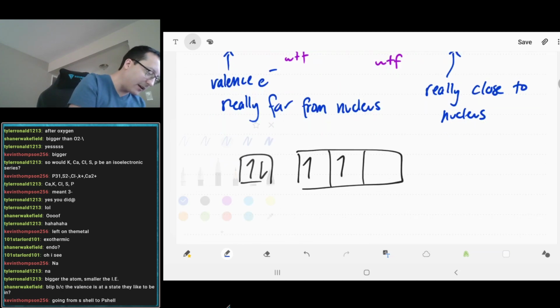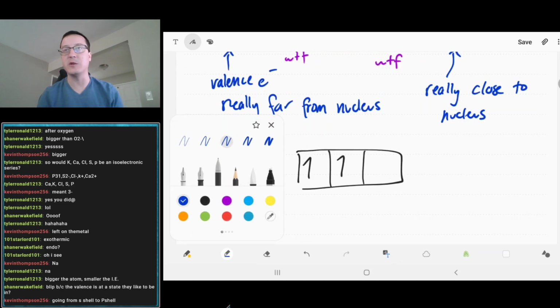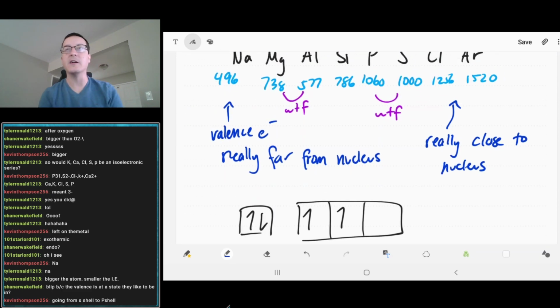So Shane, you got it right on the head. I'm not going to necessarily ask you to explain this, but this is why we see these little blips there. It's just because, as Shane has said, they are at a state they like to be in. And that is absolutely right. So remember, full valence shell, half full, and empty, those are good things. So, yeah, that's kind of the reason for that.